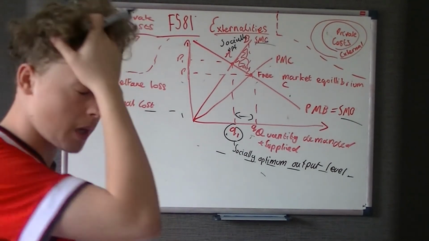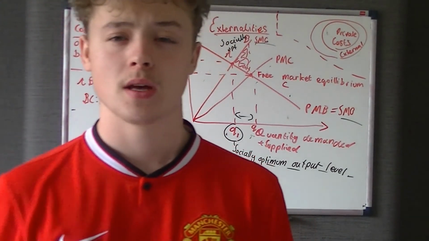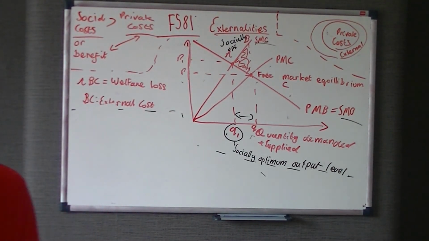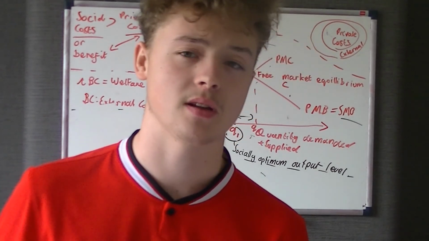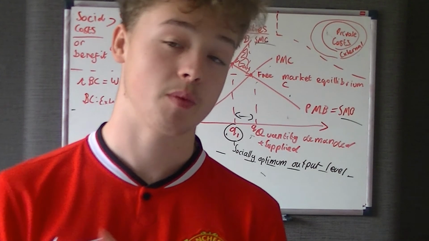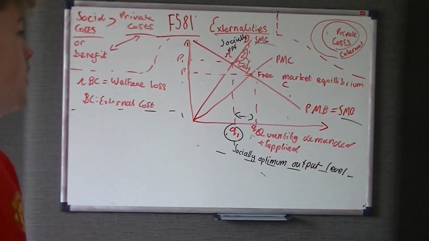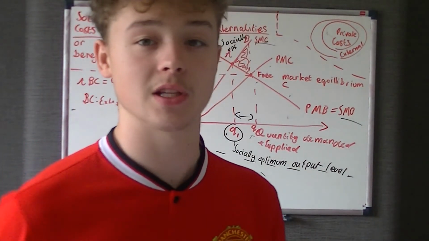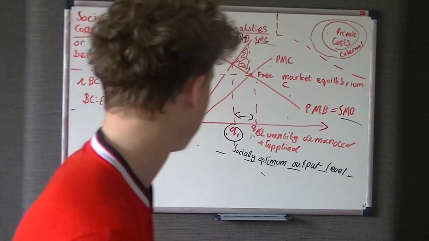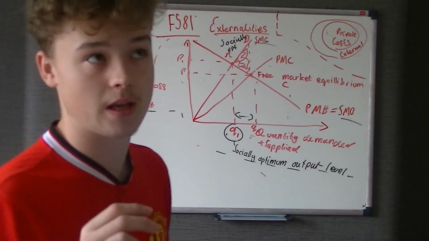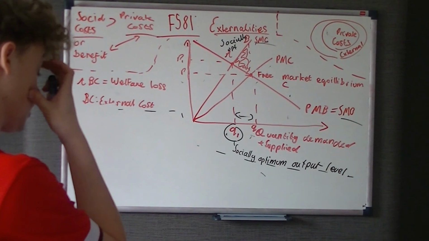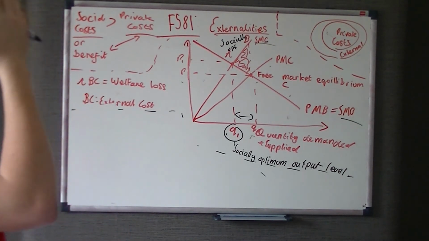But in that third paragraph, instead of saying they don't realise the external cost, just put they are unaware of the external cost because of information failure. That's the only thing you need to change when you talk about demerit goods.